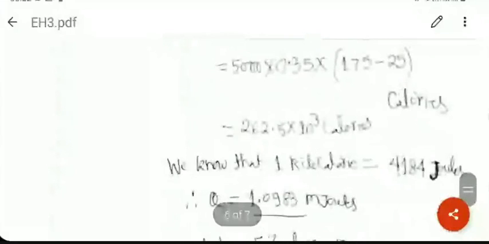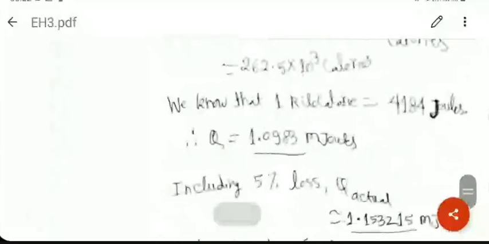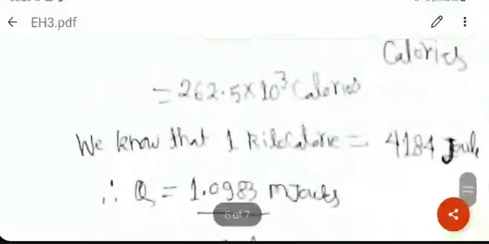Now I need to convert that into joules. And I checked this number. 1 kilocalorie is around 4184 joule. You can double check this number. So based on that, the energy requirement works out to 1.0983 megajoules. This calorie number can be converted to joules.